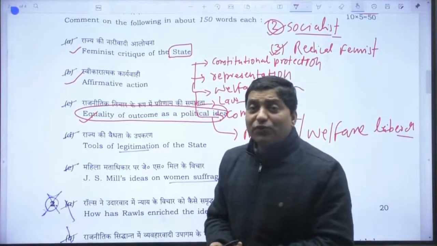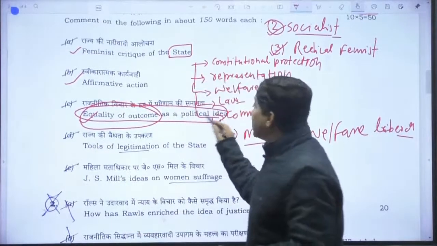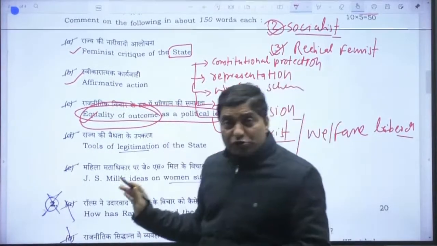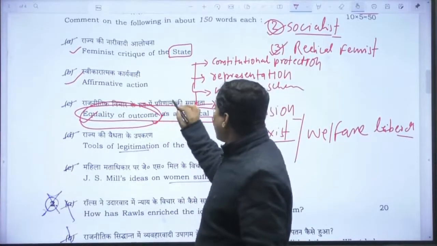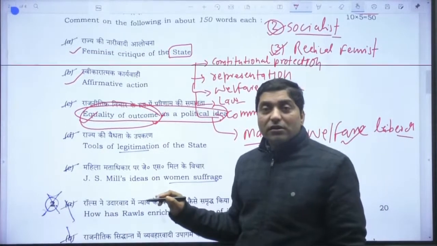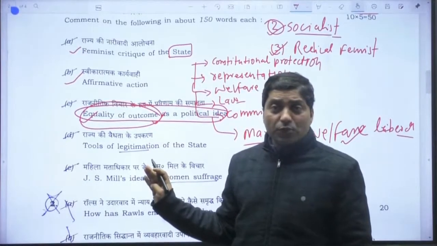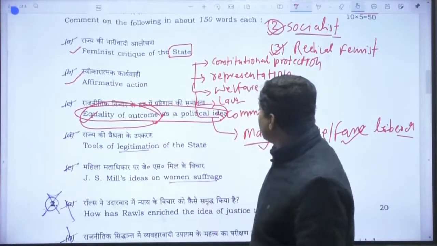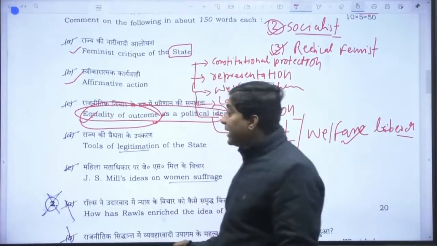Why can the state formulate? Because we want equality of outcome rather than only equal opportunity. Equal opportunity should be there, but there should be equality of outcome for liberals. But for Marxists, equality of outcome means social equality, economic equality, right? So that is the third question. We should treat it like that.